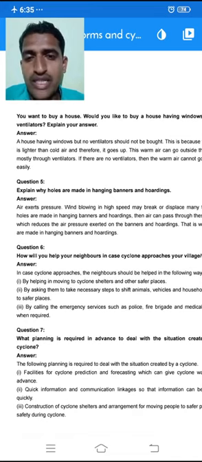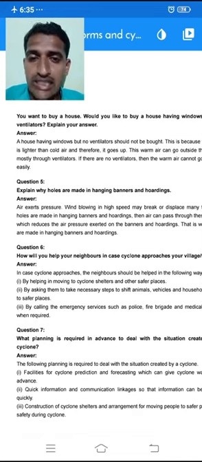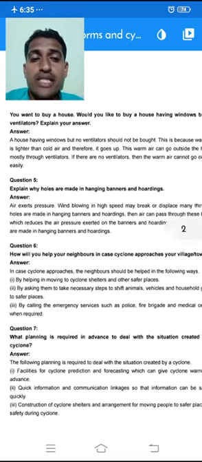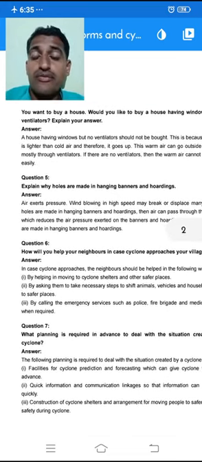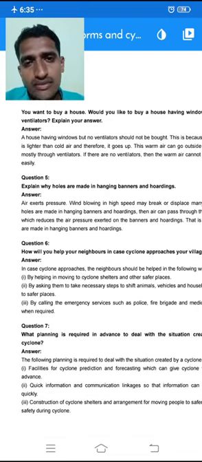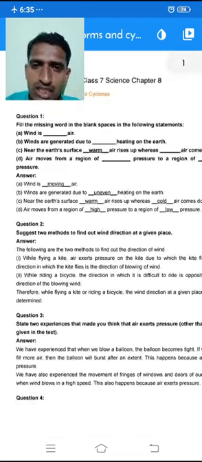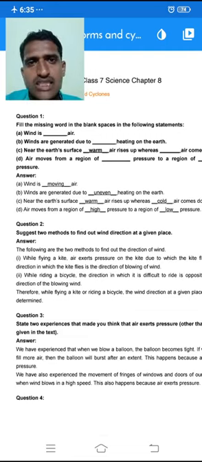If there are no ventilators, only windows, the warm air cannot go out of your house, so you feel very warm in the house. Hence you must have windows as well as ventilators in the house. Just check it out, in your homes you will have windows as well as ventilators.